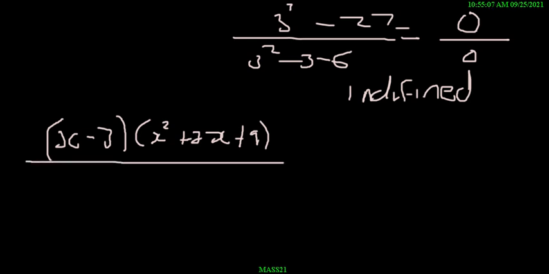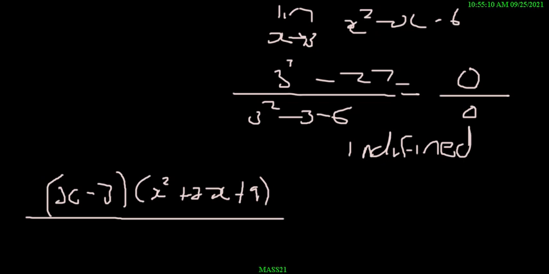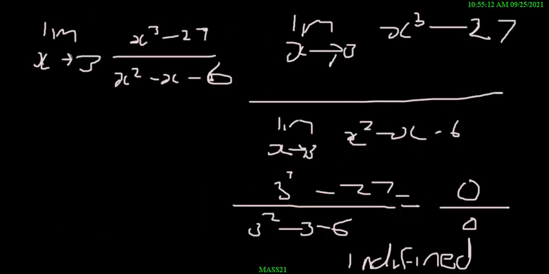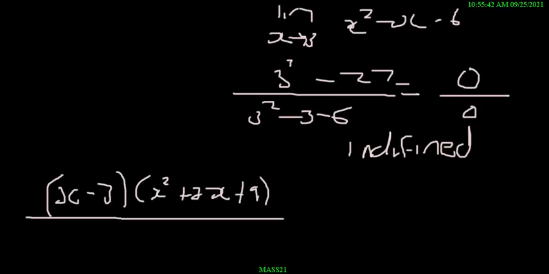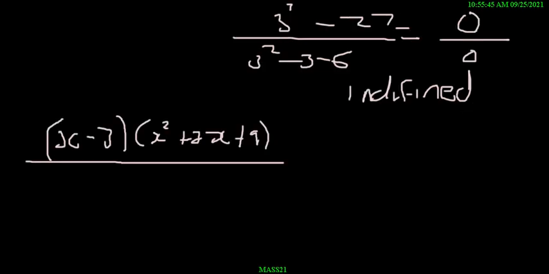Everything over, we are factorizing the bottom, which gives (x minus 3)(x plus 2).